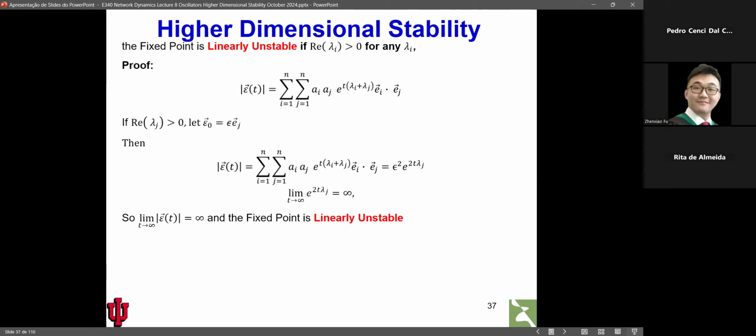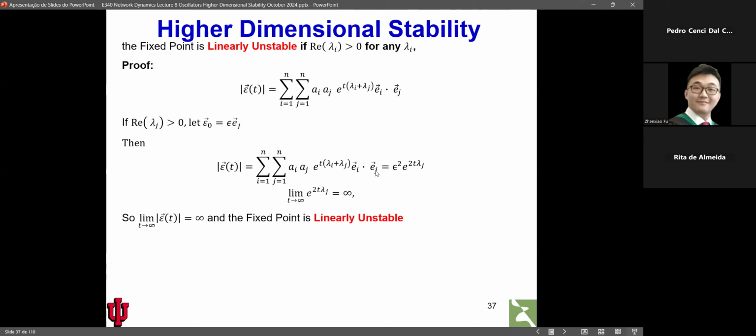Don't make things less complicated, because for linear instability, the instability refers to all directions. So you pick the most convenient direction, the one that is going to flee away from the fixed point.